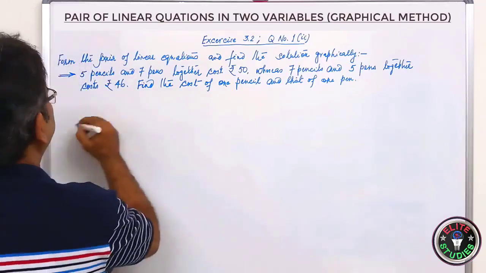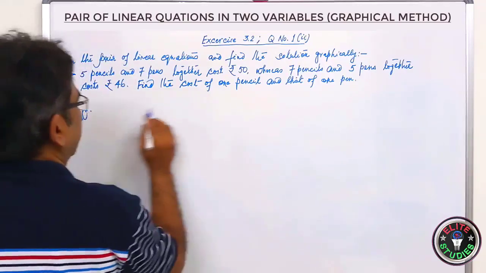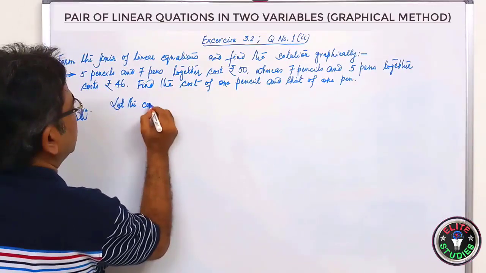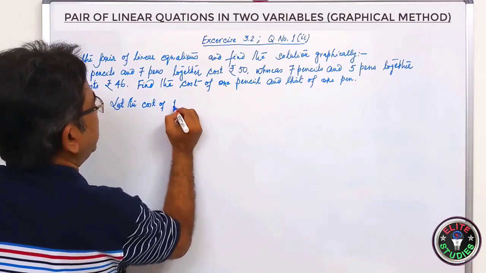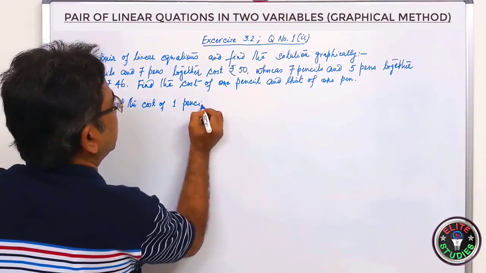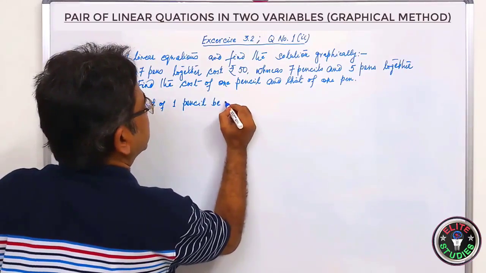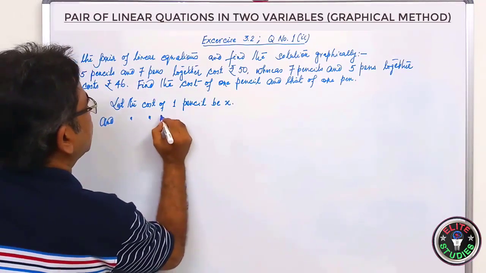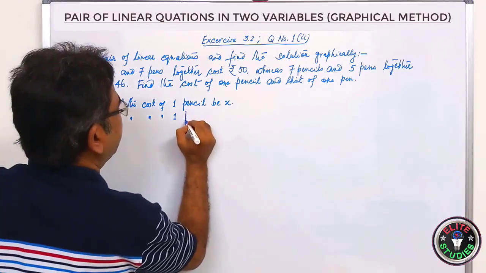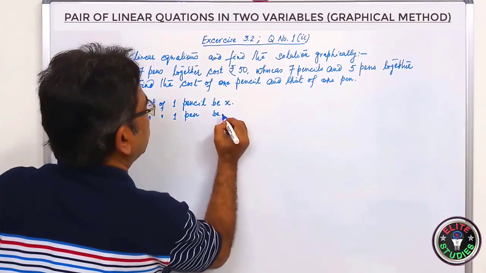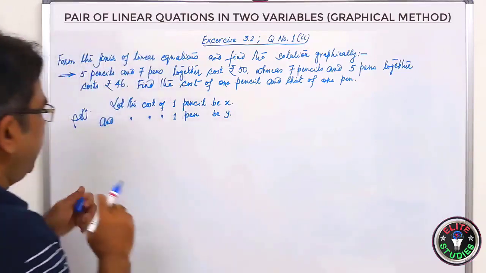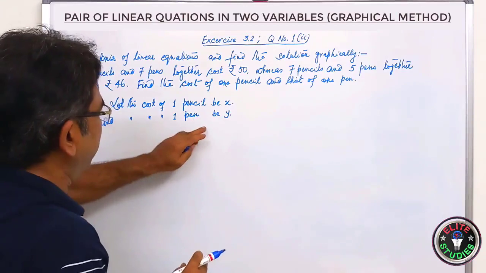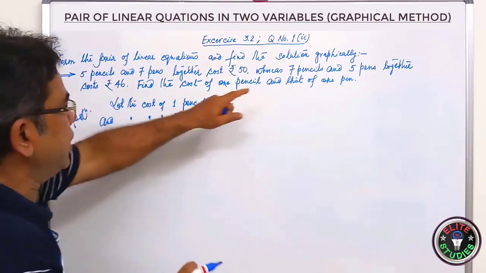So therefore, let us consider the solution. Let the cost of 1 pencil be X and the cost of 1 pen be Y. So we have considered the cost of 1 pencil to be X and that of 1 pen to be Y. Now read the statements.